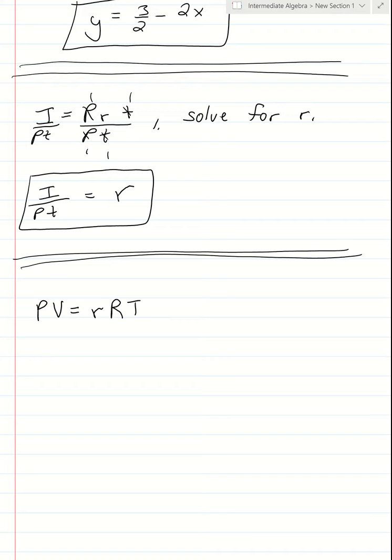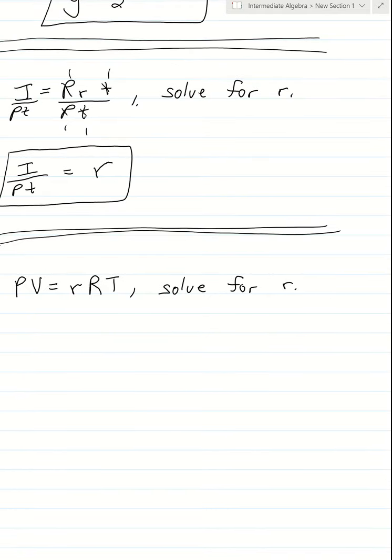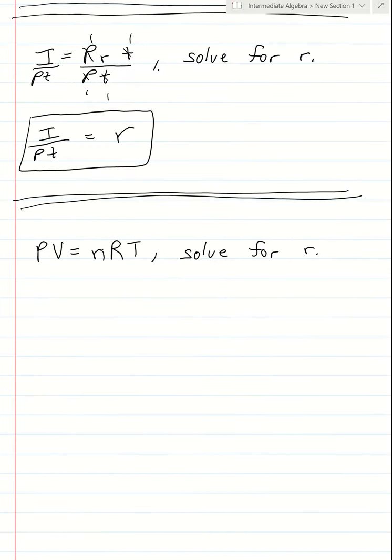And let's say, once again, we want to solve for the variable r, the little r, not the big R. Nope, the formula is wrong here. It was PV equals nRT. That's the formula I'm thinking of.